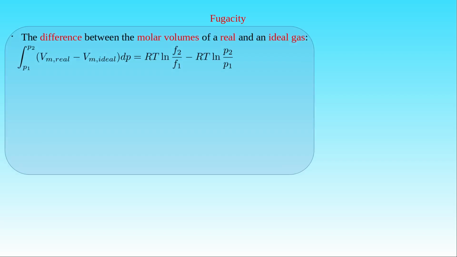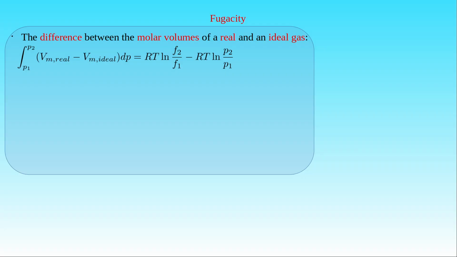We can use these expressions to integrate the difference between the molar volumes of a real gas and an ideal gas with respect to the pressure P from the pressure P1 in the state A to the pressure P2 in the state B, which can be written as the gas constant R times the temperature T, times the natural logarithm of the fugacity F2 of the real gas in the state B to the fugacity F1 of the real gas in the state A, minus R times T times the natural logarithm of the pressure P2 to the pressure P1.